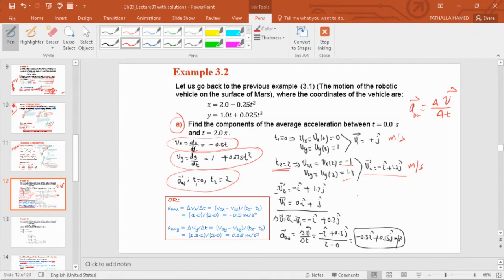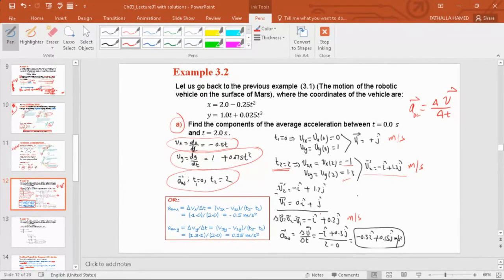Now I want to look at delta V, which is V2 minus V1. V2 is minus i plus 1.3 j hat. V1 is 0 i hat plus j hat. So if you do that, you will get minus i hat, and 1.3 j hat minus 1 will give you 0.3 j hat meter per second.